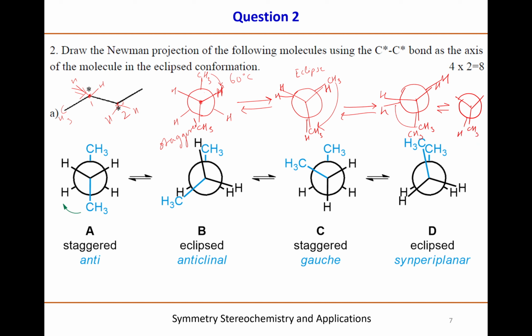This CH3 will be rotated by 120 degrees again. So here CH3, H and H. Okay, so these are three different types of eclipsed conformation possible in this structure by Newman projection. I hope all of you are clear here. These three eclipsed conformations we got here.